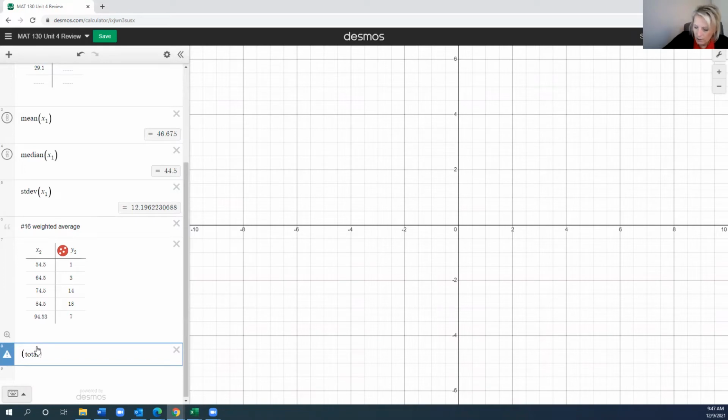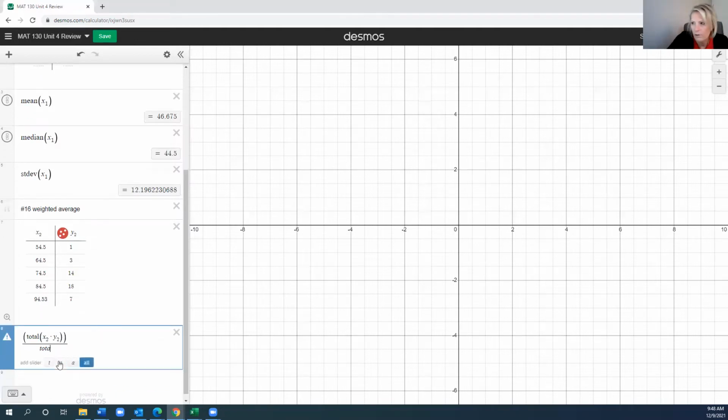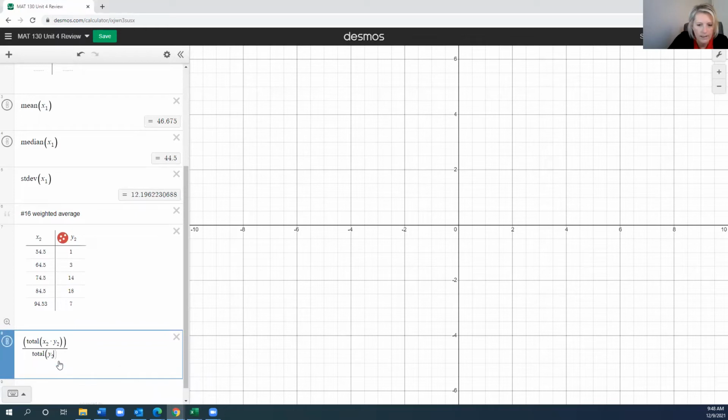So I'm doing the total of X2 star Y2 parentheses divided by the total of Y2. Now remember, you're going to go by what your columns say, X2, Y2, X1, Y1. And it looks like my weighted mean is 80.7, 78, so we'll round it to 80.8%.